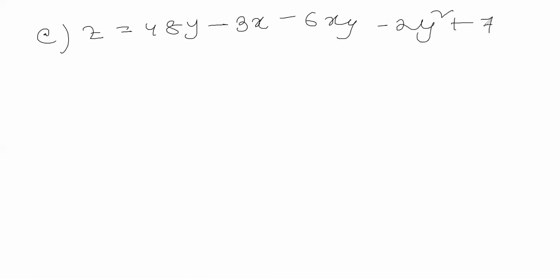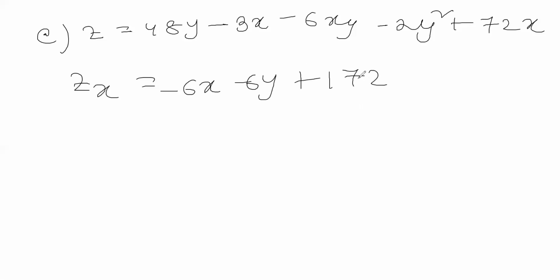where Z is simply equal to 48y minus 3x square minus 6xy minus 2y square plus 72x. Here, the first order derivative, if we take, we get negative 6x minus 6y plus 72, and rearrange it.